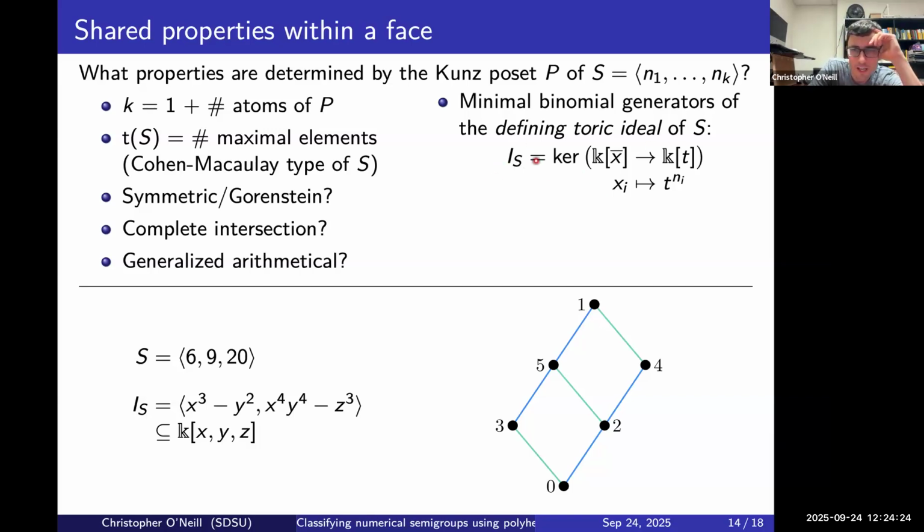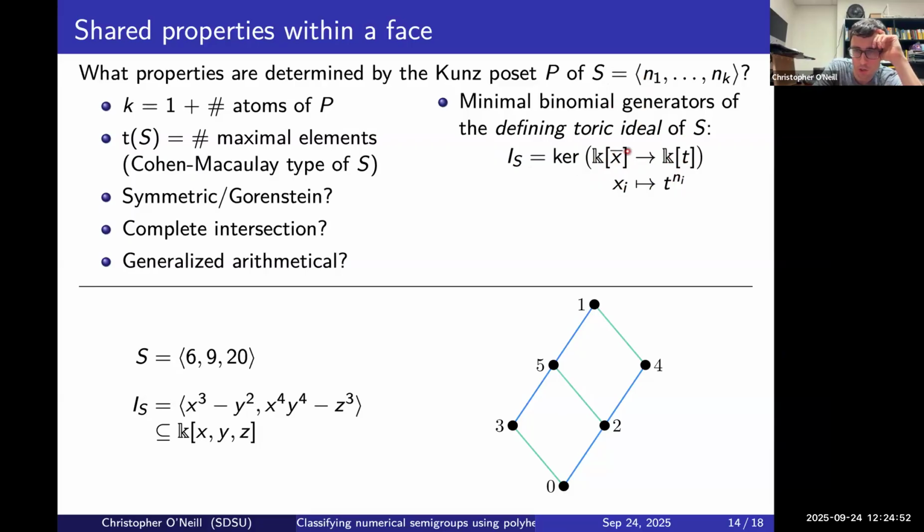So as I hinted at before, behind every numerical semigroup, there hides a toric ideal. The way we get this ideal, we're going to look at the ring homomorphism from a polynomial ring with one variable for each generator of the semigroup into the polynomial ring with one variable, where each xi is sent to t to the power of whatever that corresponding generator is.